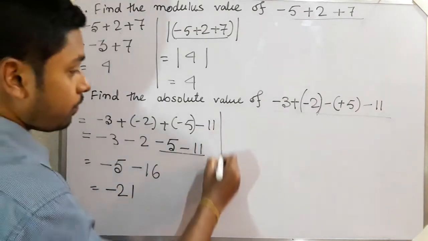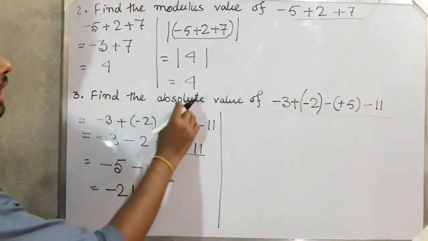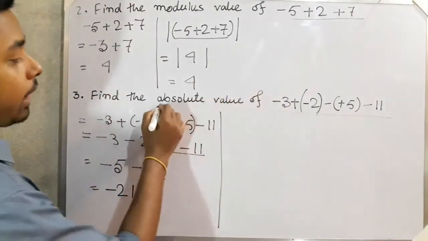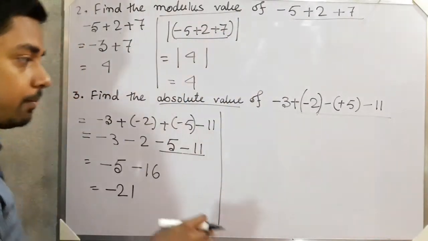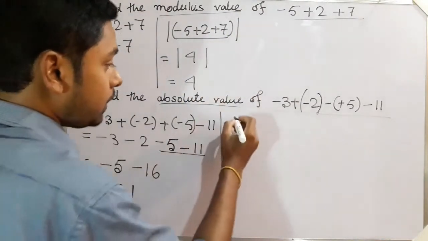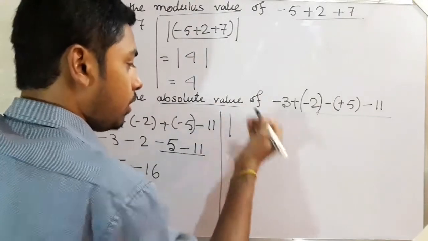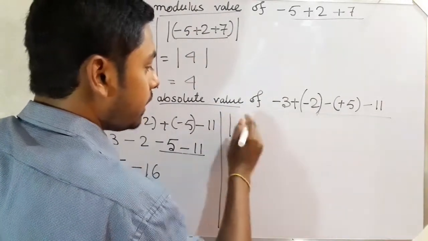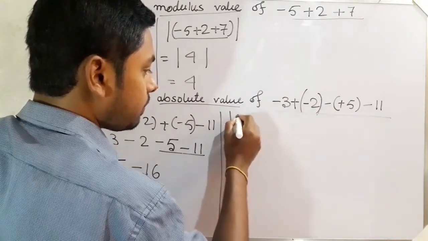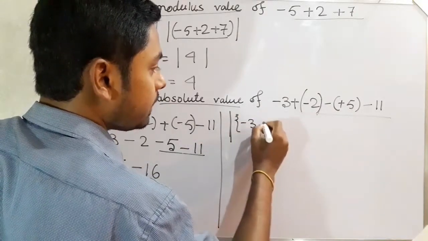Now what do I have to find out? Find the absolute value, and I told you absolute value and modulus value are the same thing. So absolute value means modulus value, that means we have to write like this. Here already it is for the first bracket, so take the curly bracket here.